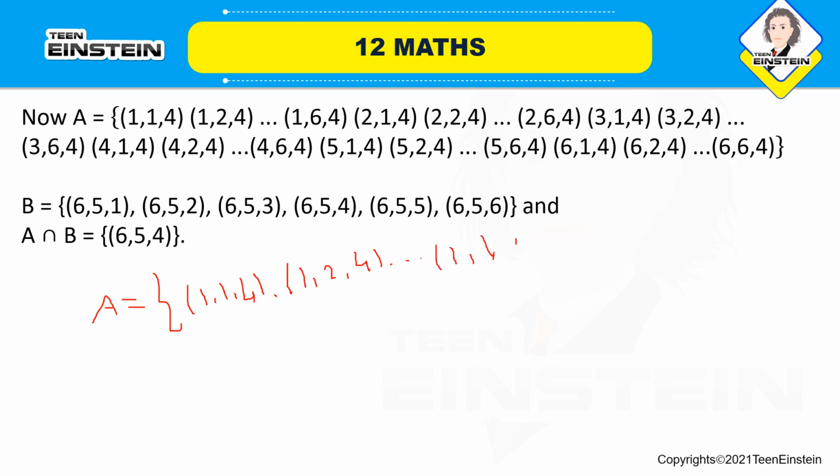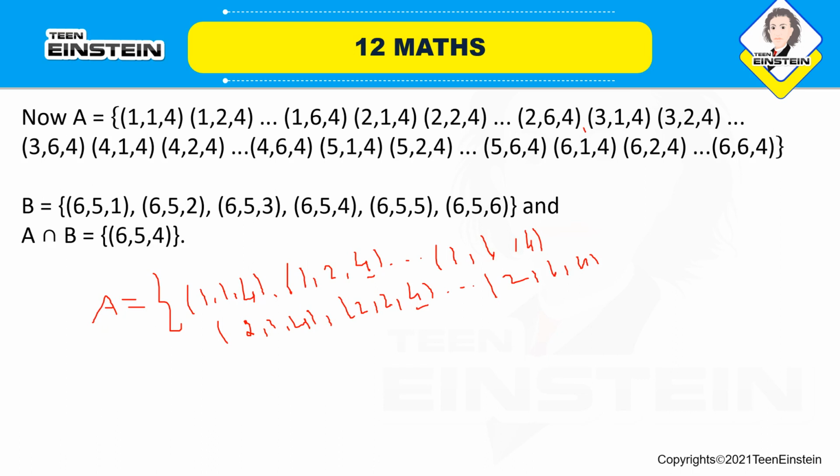1, 6, 4. Right? Then 2, 1, 4, 2, 2, 4. In every case, in the third position, I am getting 4, etc. 2, 6, 4. Then 3, 1, 4.